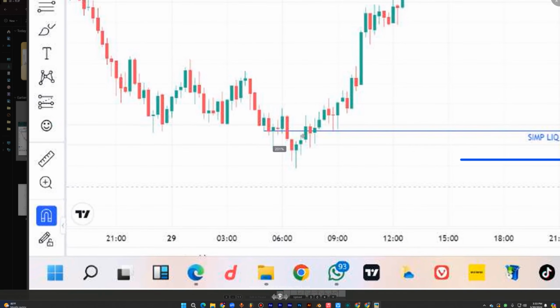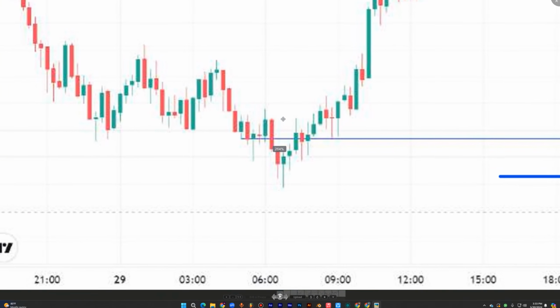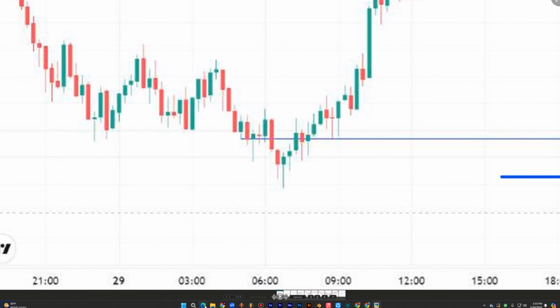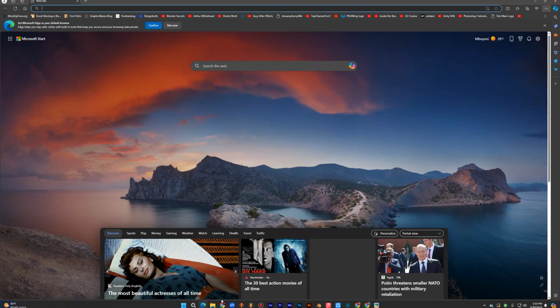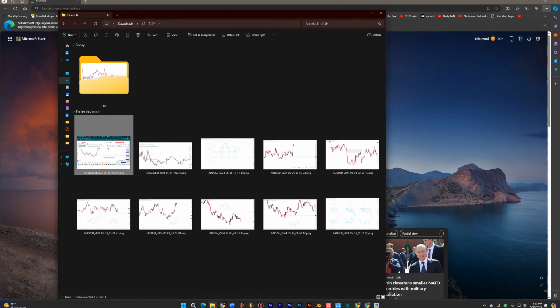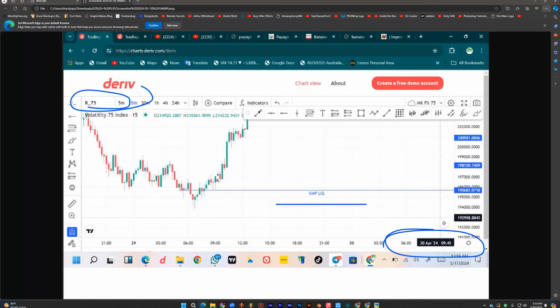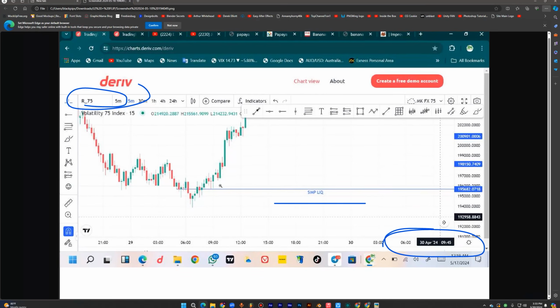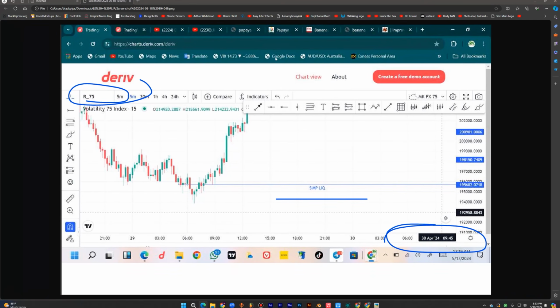After that, the market also breaks above this point here. Let me try to open this structure in Microsoft Edge so that I can explain to you very closely.